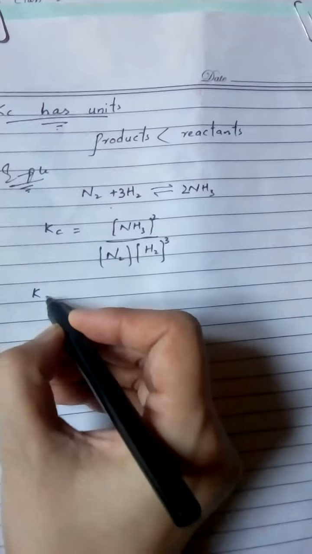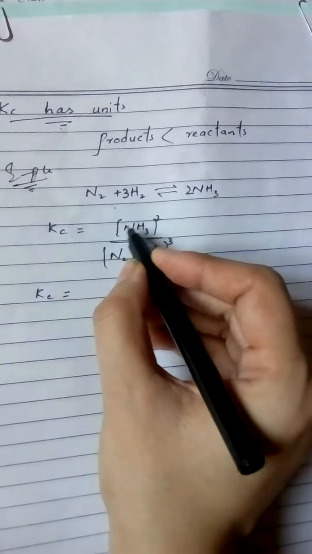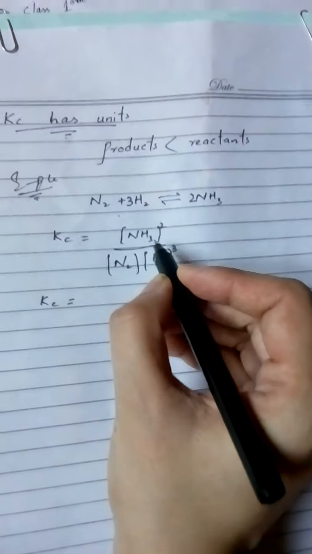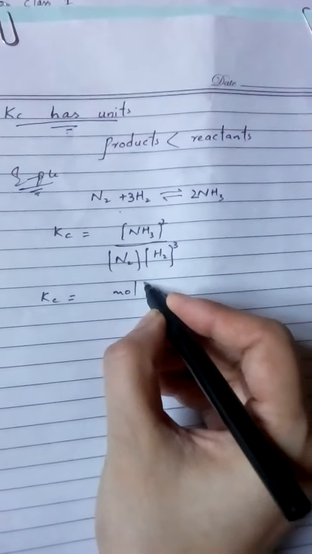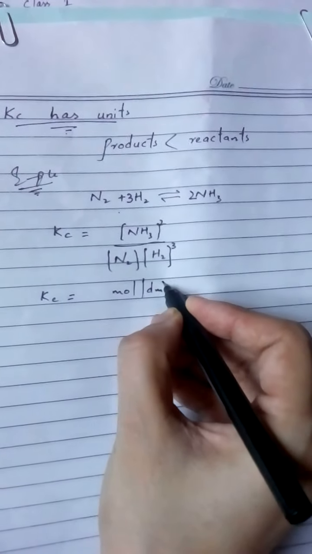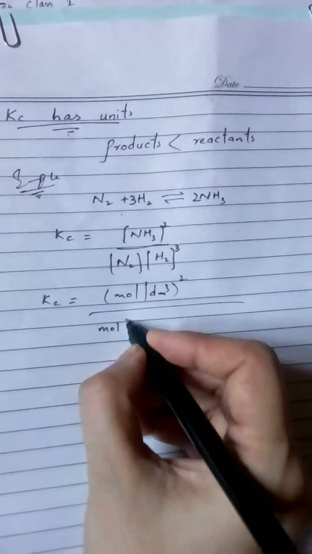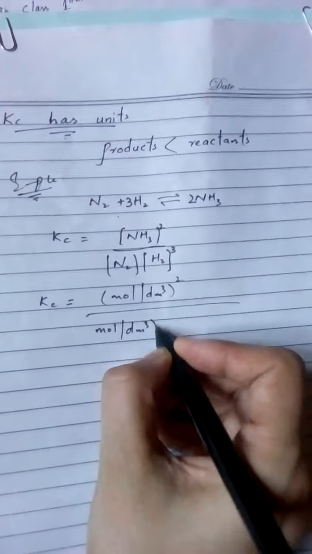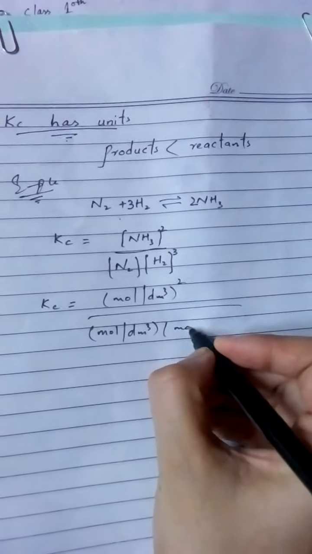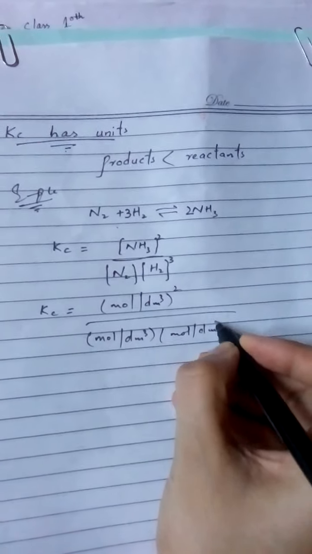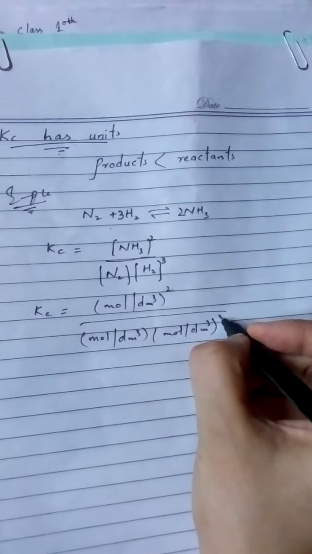Here by writing the unit of concentration, which is mole per decimeter cube, mole per decimeter cube whole square divided by mole per decimeter cube into mole per decimeter cube to the power 3.